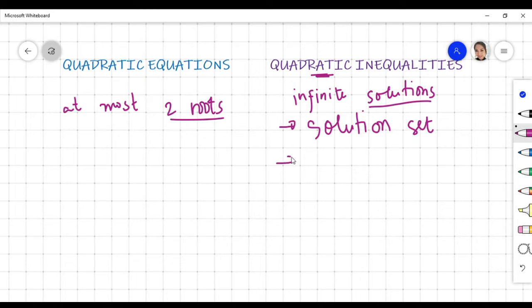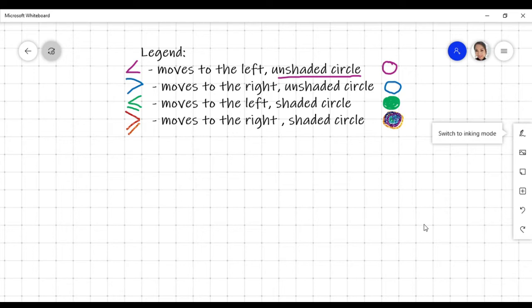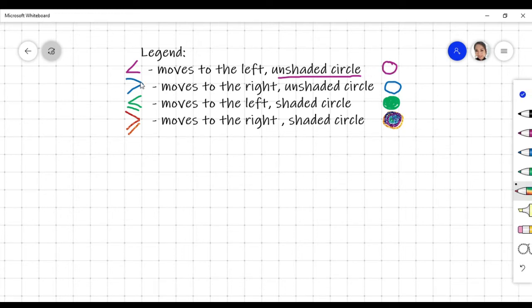Quadratic inequalities can also be represented on a number line. Since we will be graphing quadratic inequalities on a number line, we have to follow the following legend. For less than, it moves to the left, and we use the unshaded circle. For greater than, it moves to the right, and we also use the unshaded circle, meaning the number after this symbol is not included.